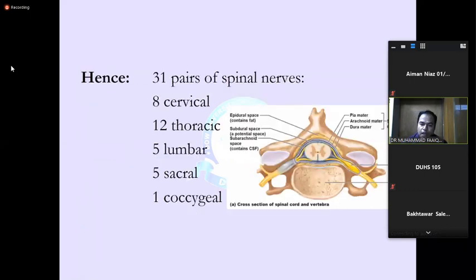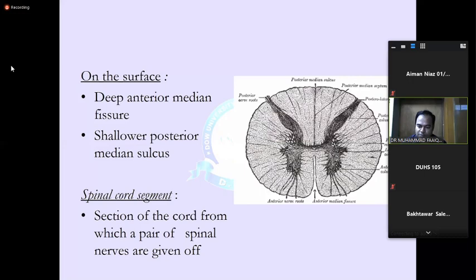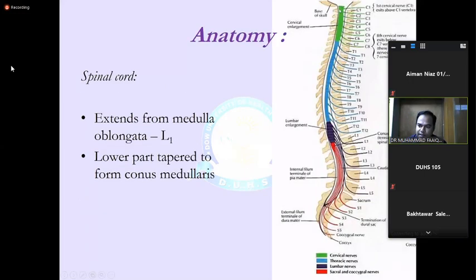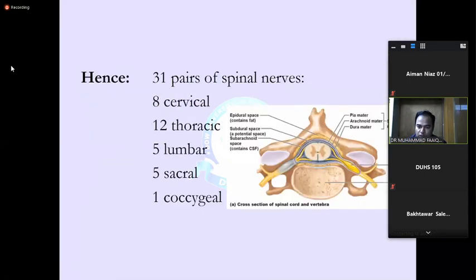Okay. So according to the region of the spine, as I already told you, there is a cervical spinal cord, thoracic spinal cord, and lumbar and sacral region. There are 31 pairs of spinal nerves: 8 arise from the cervical region, 12 thoracic, 5 lumbar, 5 sacral, and 1 pair of spinal nerves from the coccygeal region.